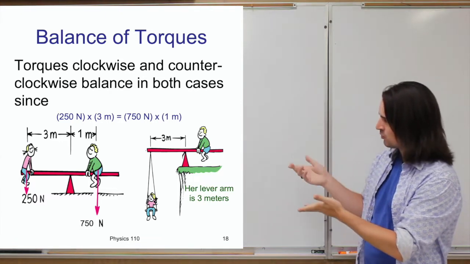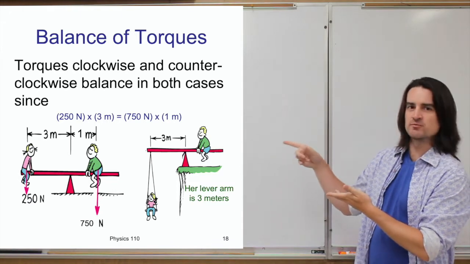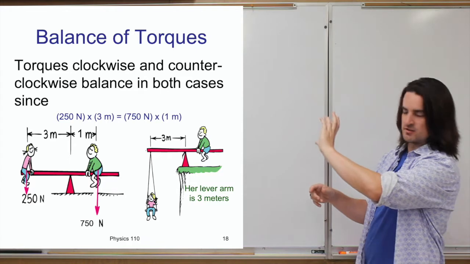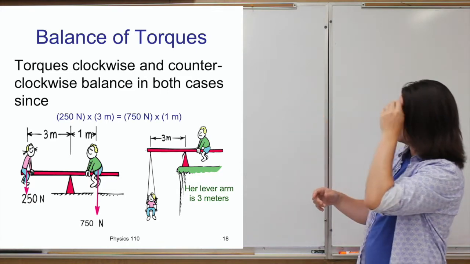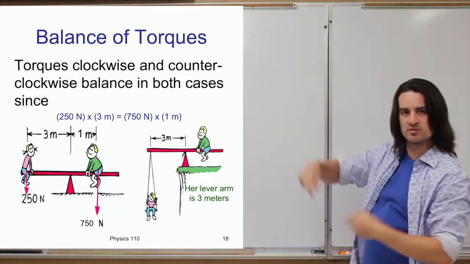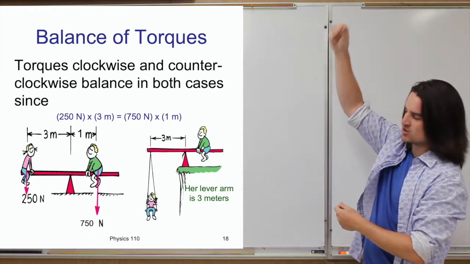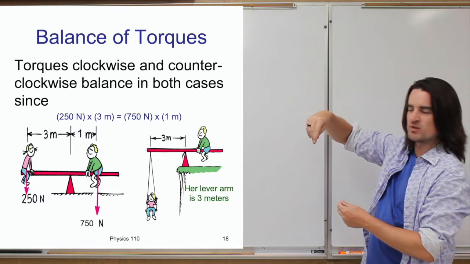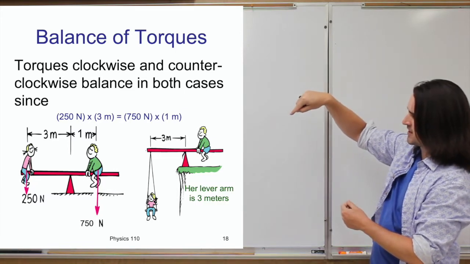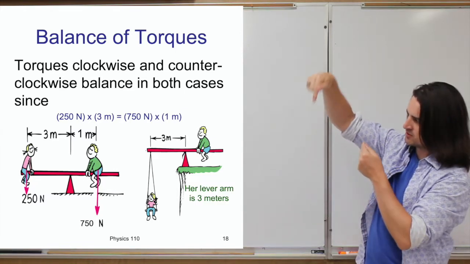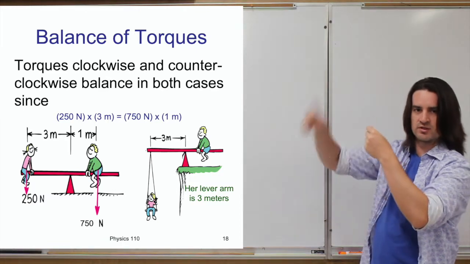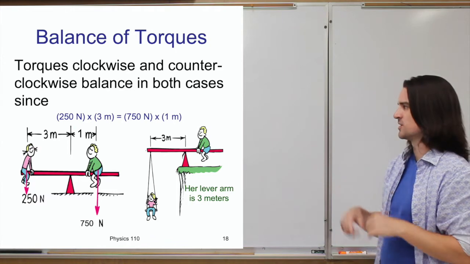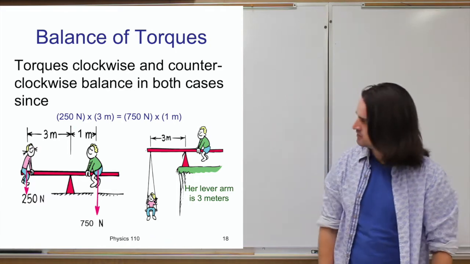Because the force that is trying to rotate this seesaw counterclockwise, the force that the child is putting on it, is still acting at the same point because she's just hanging from the thing. So her weight is still pulling down at that 3 meter distance from the axis of rotation, and it's pulling down tangentially to the circle that rotation would happen. So each of these situations is actually balanced and would not rotate.